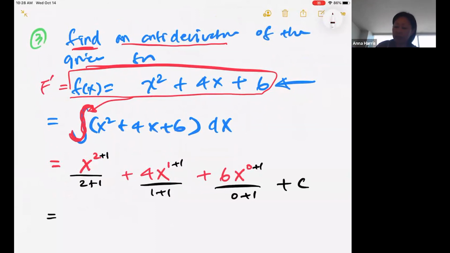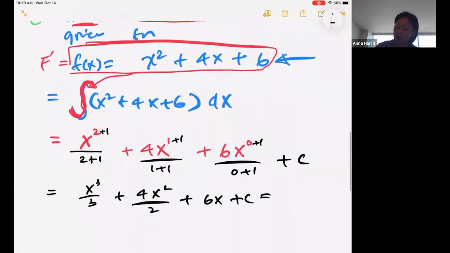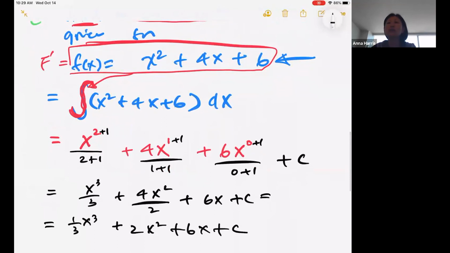So if we simplify it, our answer is x to the 3rd divided by 3 plus 4x squared divided by 2 plus 6x plus c. So we're done.